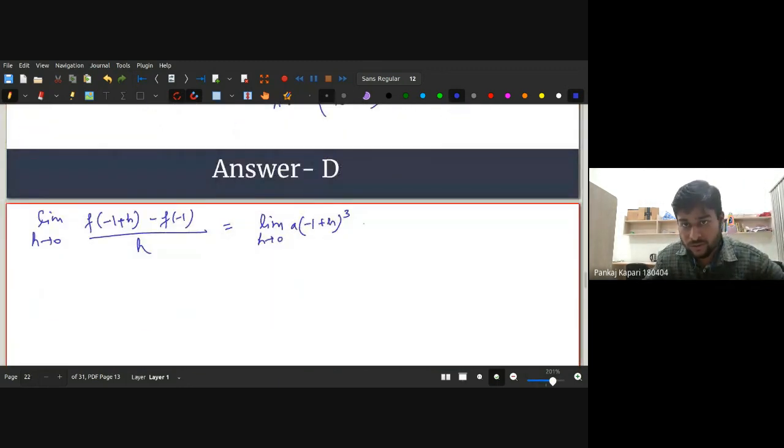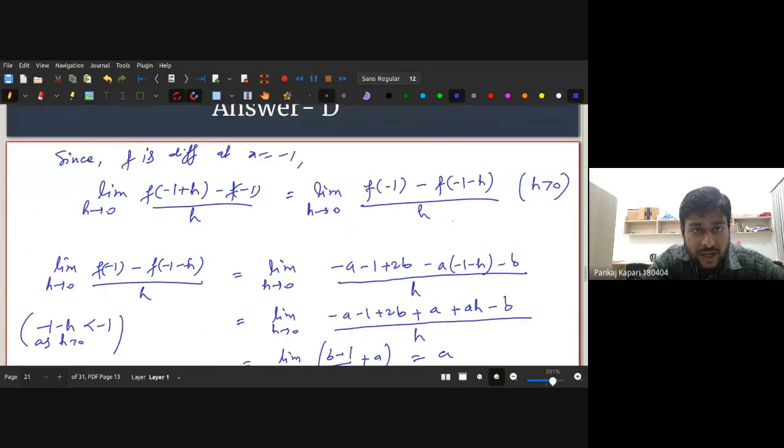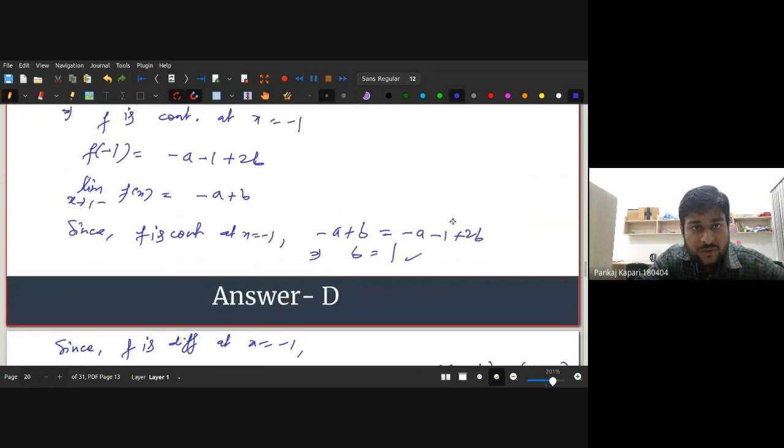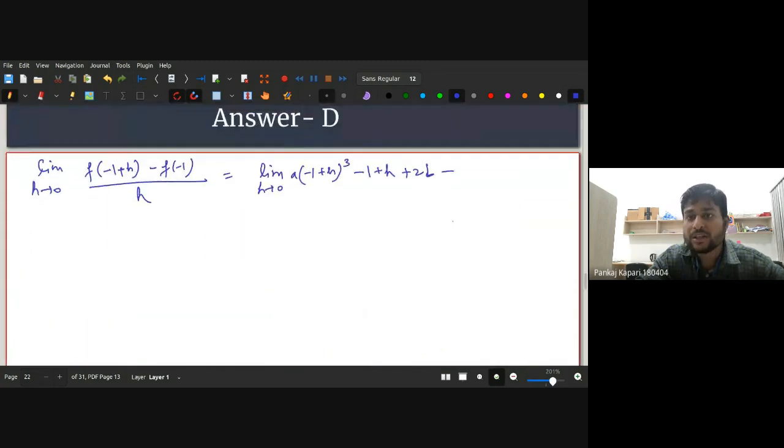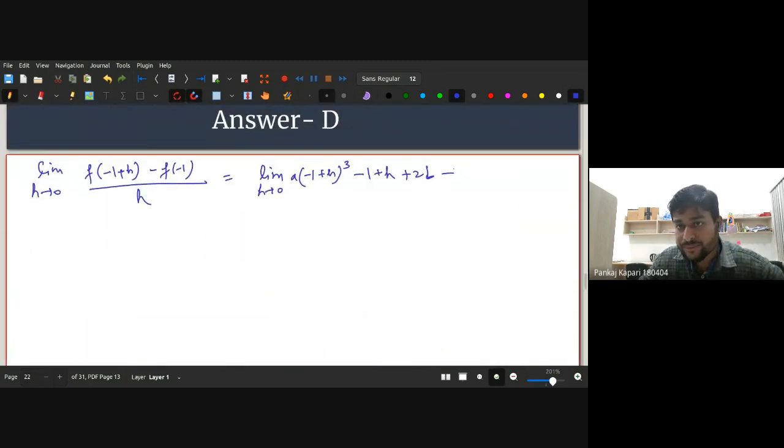So a times minus 1 plus h cubed, plus minus 1 plus h plus 2b, and then we subtract the value of the function at minus 1. At minus 1, the function value is minus a minus 1 plus 2b. If you subtract, you will get plus a plus 1 minus 2b, divided by h.